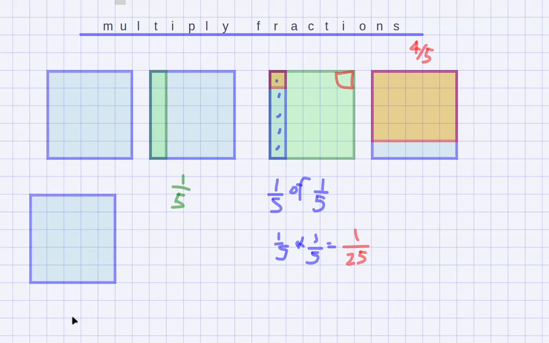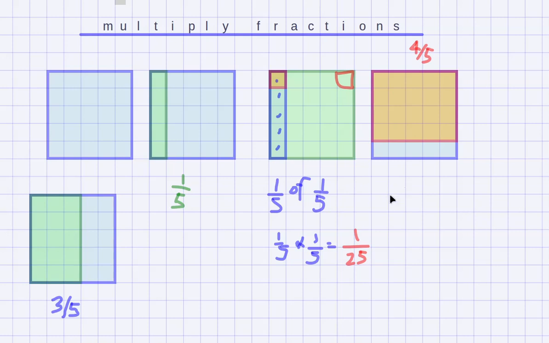If we wanted 3/5 of this pizza, it would be 1, 2, 3 of these, let's say 3 columns, right? So 3/5 would be that much, okay? 4/5 is that much, 3/5 is that much.